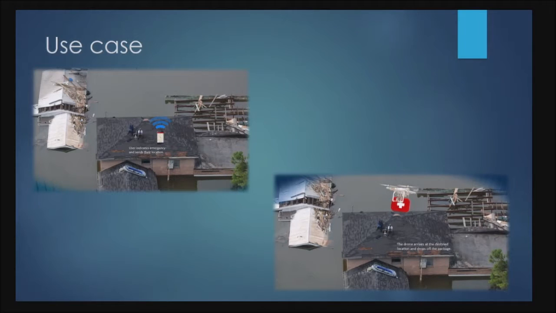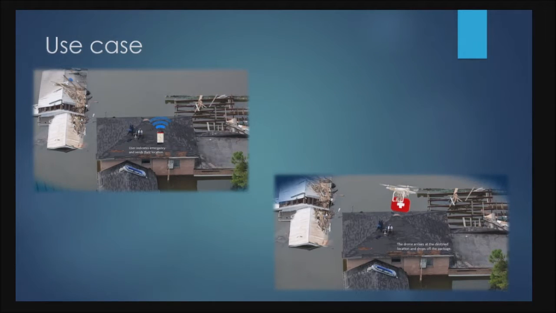The pictures in the slide show a person that is stuck on his roof because of some flooding, and the person might have the app installed in his phone, so he can request a drone to the location that he is currently staying, and there could be a fleet of drones just close by to the flooding area with some health kits that could be deployed to the person in need whenever the request is sent.